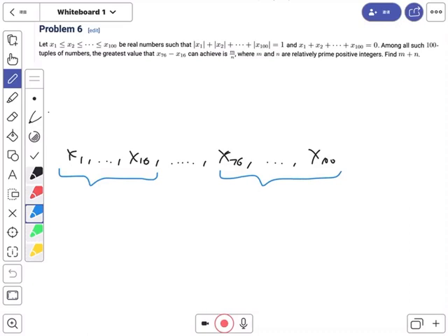The best case would be when all of these are equal and all of these are also equal. Let's say if this one is m sub 1, then in order for this to be minimized, this one should also be m sub 1.